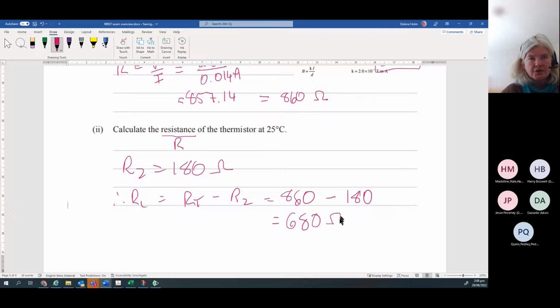So make sure you write the unit, its resistance, and you go, is my answer sensible? And you go, yep, it looks sensible because the resistance for R1 must be less than R total, and 680 is less than 860, so it looks fine.